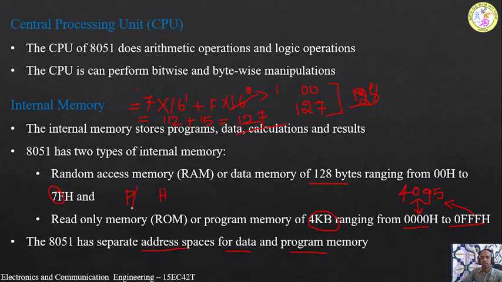The Princeton architecture is also called von Neumann architecture. In it, data memory and program memory are combined together in the same memory. Whereas in the Harvard architecture, the program memory and data memory are different. So the 8051 uses the Harvard architecture.